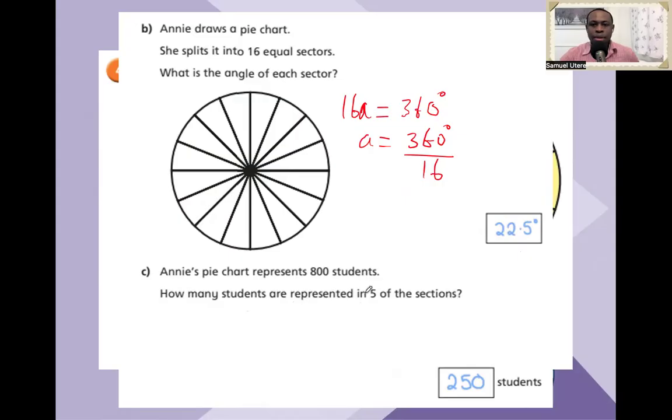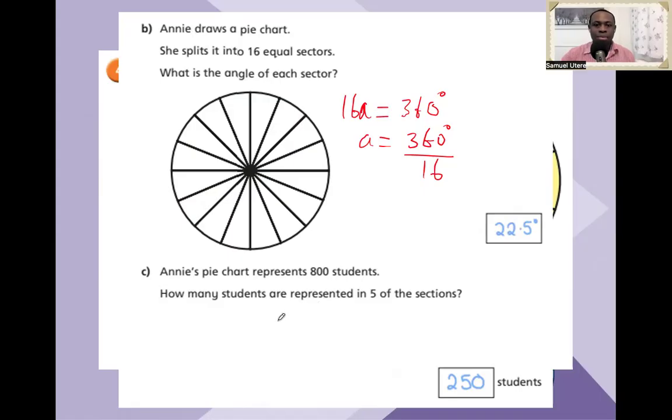So if you remember how we divided when we were doing pie charts, how we divided the number of students to get the quantity that we were trying to represent in the pie chart to get that special number, you know that this 800 students represents the 360 degrees. So the 360 degrees represents the 800 students.